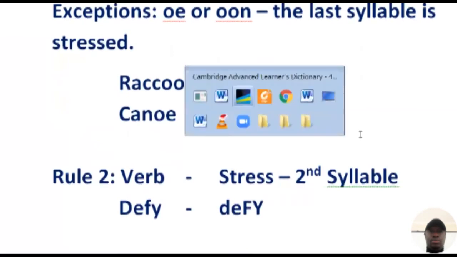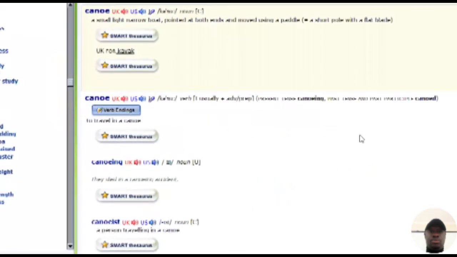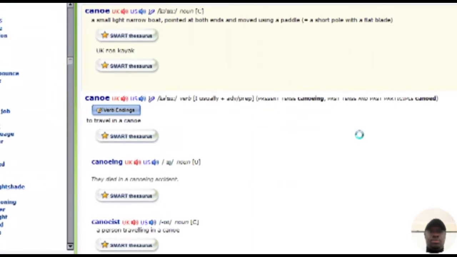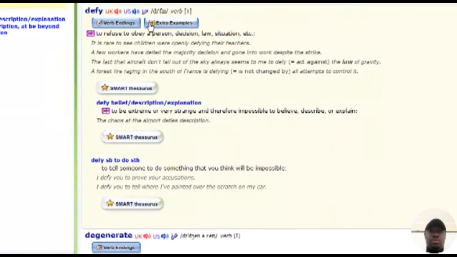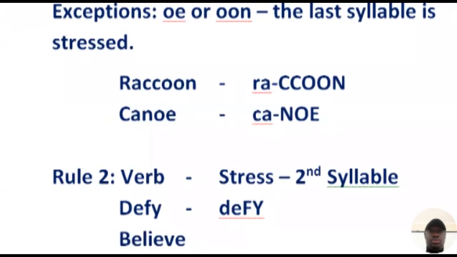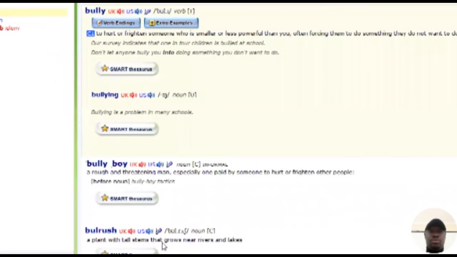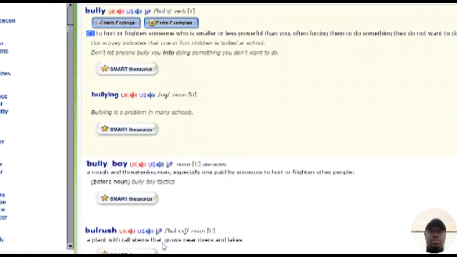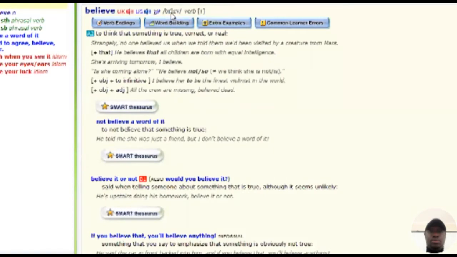So let's go again and confirm. Defy. Did you see it here? Defy. Yes. Believe, obviously it has to go there now. Believe. You can find it here, right? Yes. So believe.